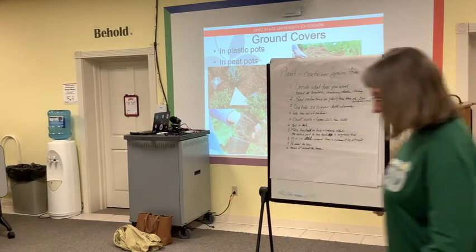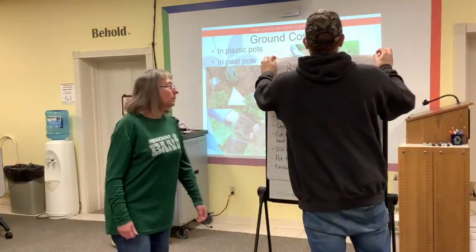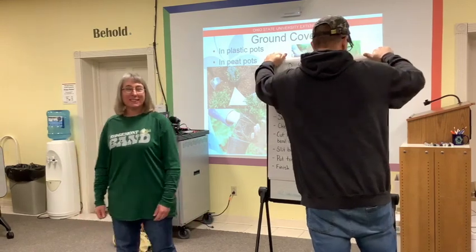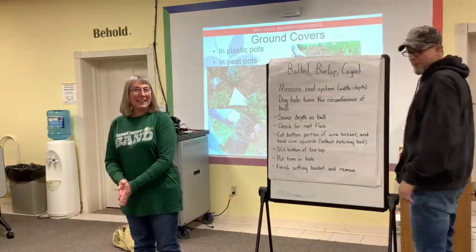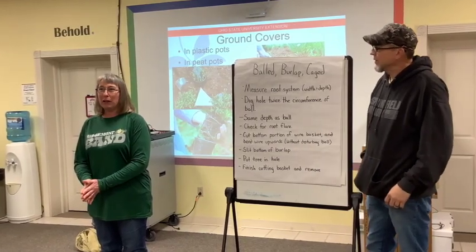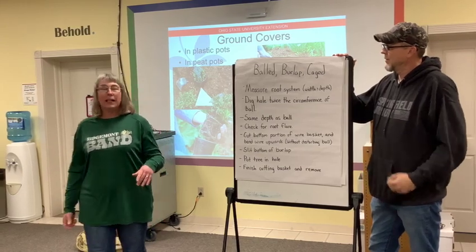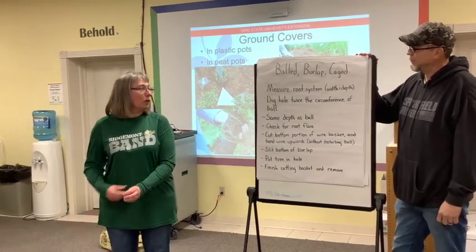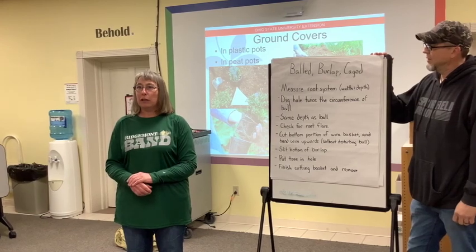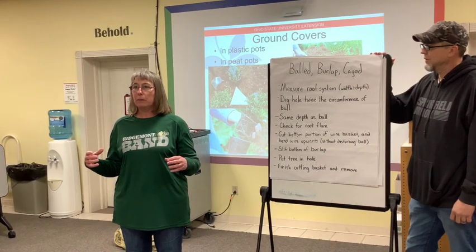Okay, this is a tree that is balled and burlapped in a wire basket. Today, we're going to discuss how to plant a balled and burlapped tree, in this case, one that has a cage. First of all, you're going to want to figure out how big of a hole you want.